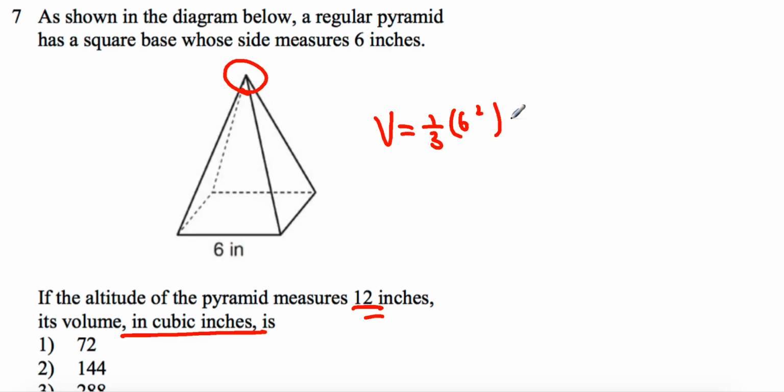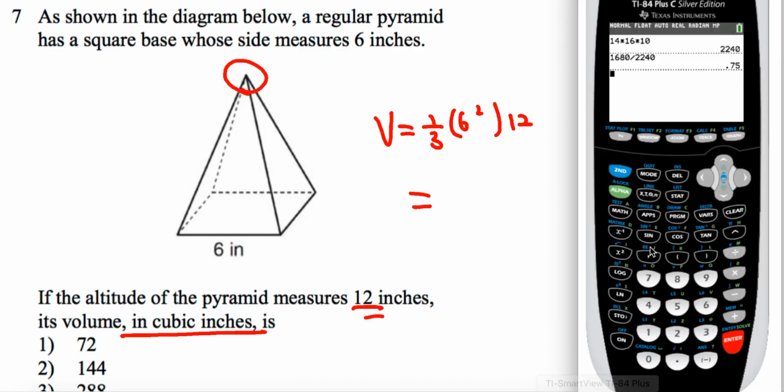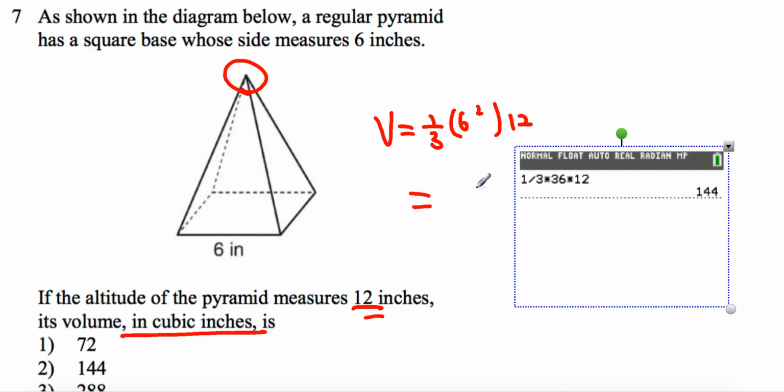They told us the height is 12. So all we have to do is multiply 1/3 times 36 and times 12. 144 becomes the answer.